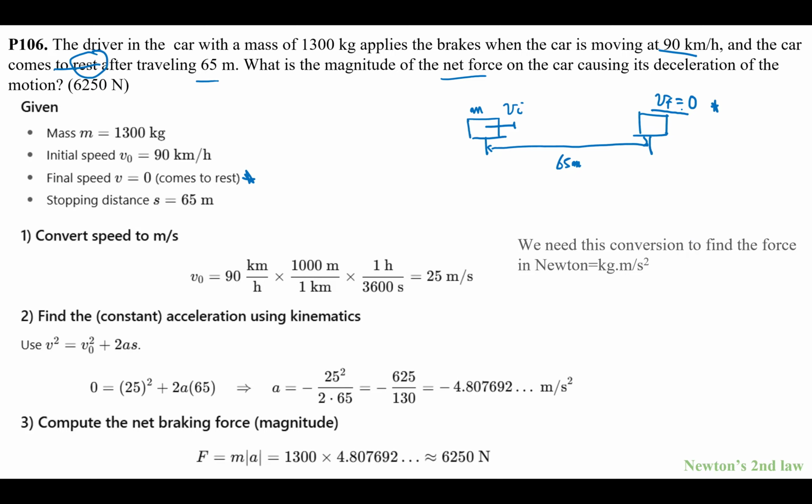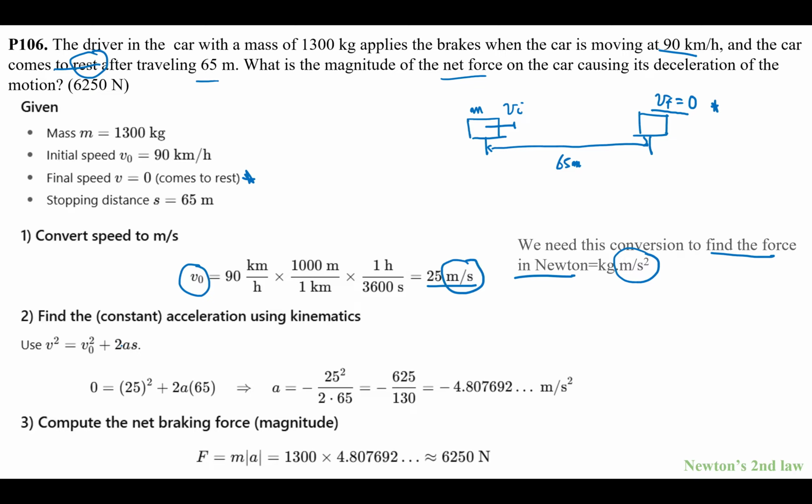Anyway, you convert it into meters per second. And the reason why we need this conversion is to find the force in Newtons, kilogram times meter per second squared. So that's the reason why we are going to convert it into meters per second.